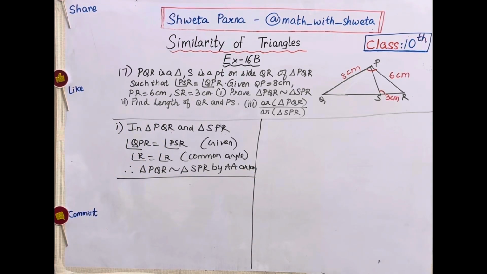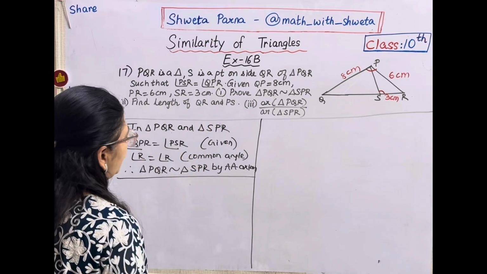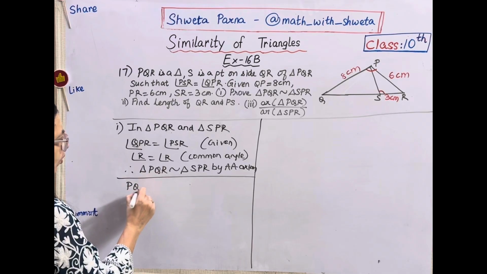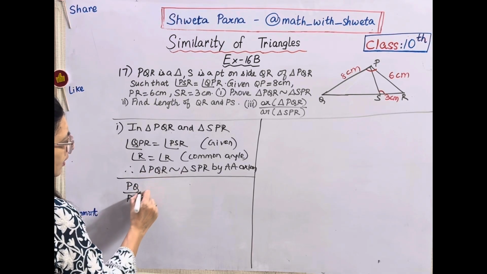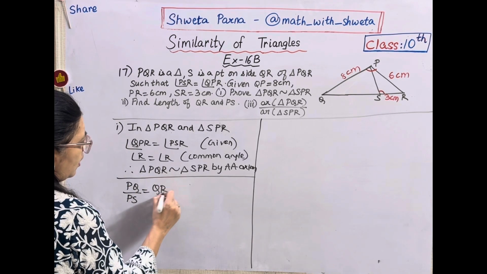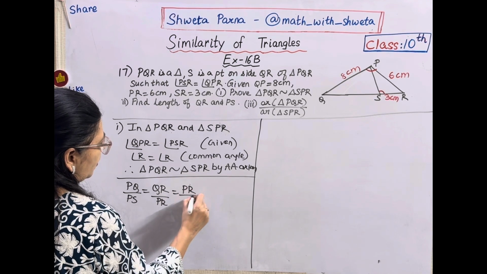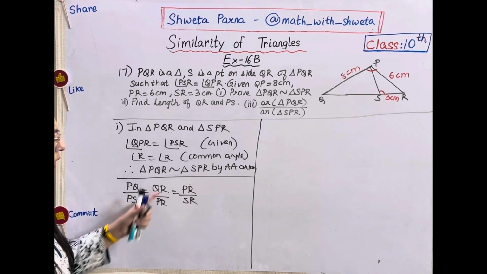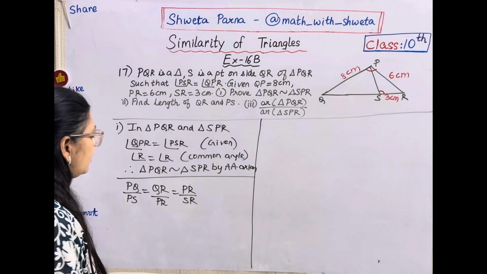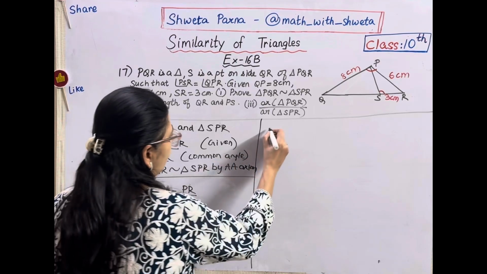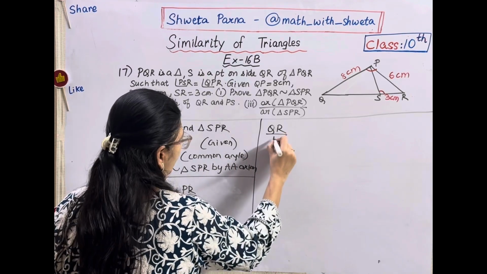Come on. Now you have to find the lengths of QR and PS. Let's take the information given from here: PQ upon PS is equal to QR upon PR is equal to PR upon SR. Sides are proportional, correct? Now you have to find QR, so you will take QR upon PR.